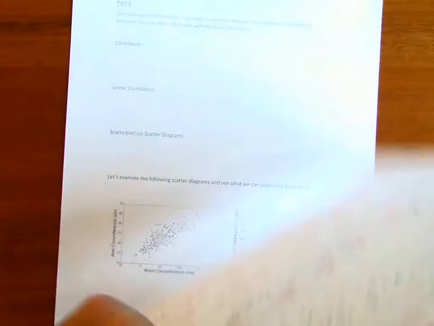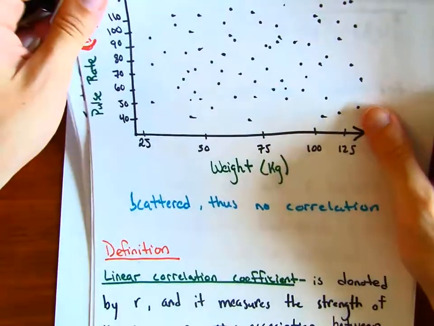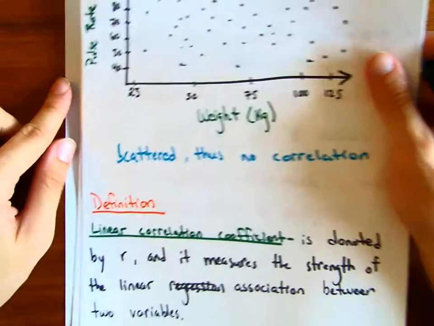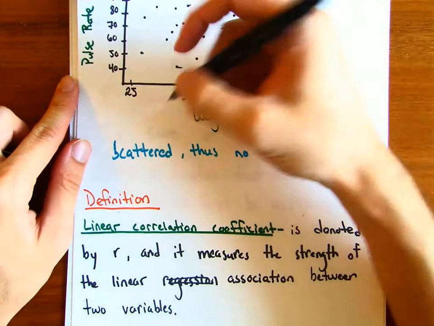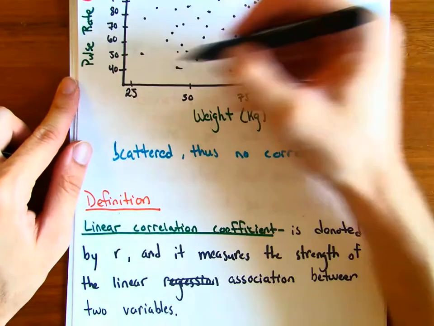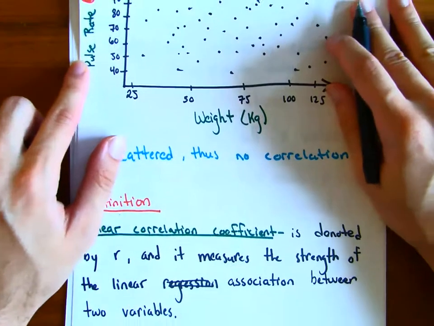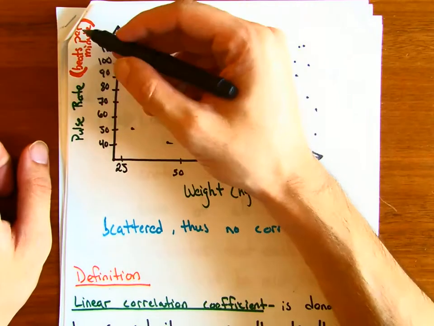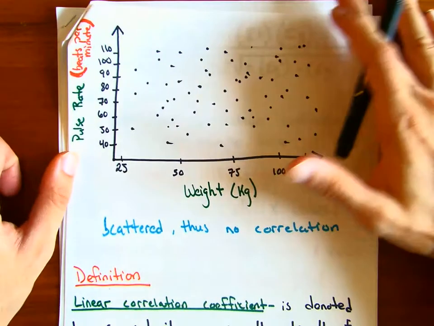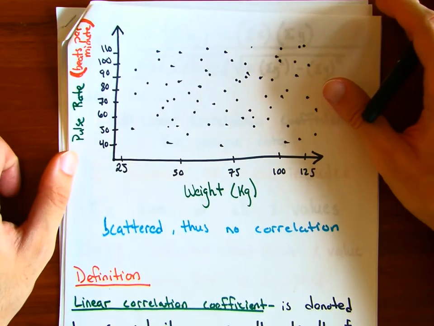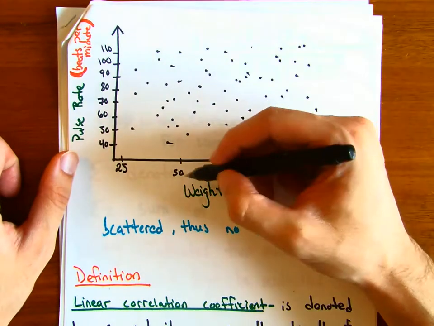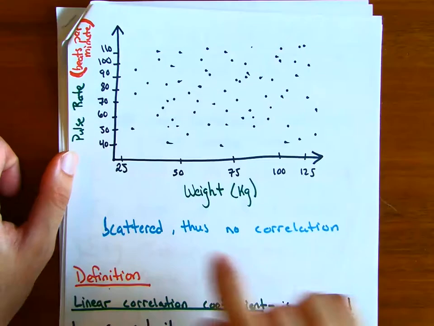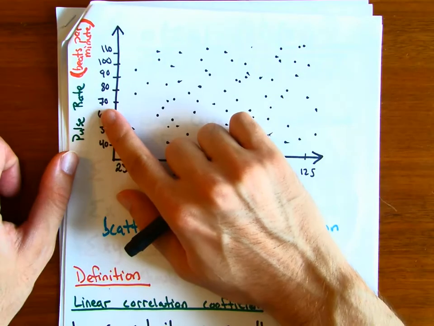In a lot of other studies, in the previous example, we did weight and arm circumference. But what if we tried pulse rate? Here, based on beats per minute, what I'd like you to do is have this in your notes. Notice that the weight of an individual seems to have no correlation with their pulse rate.